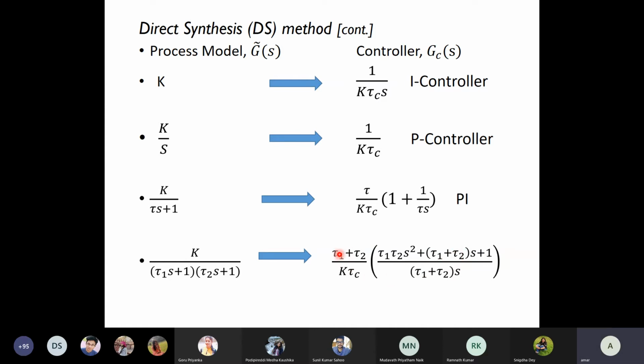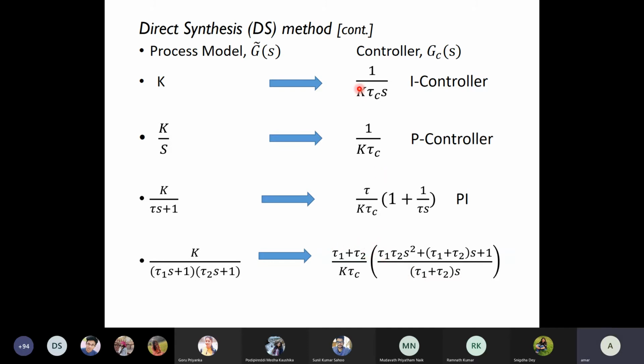Proportional gain is given by tau1 plus tau2 by k tau C, and the derivative time constant is given by tau1 tau2 by tau1 plus tau2.